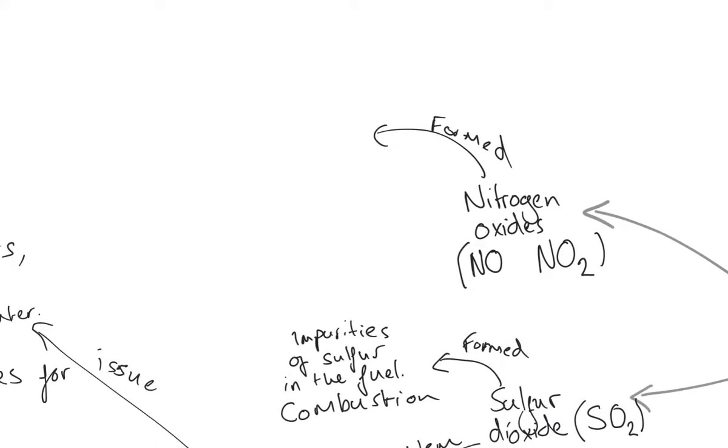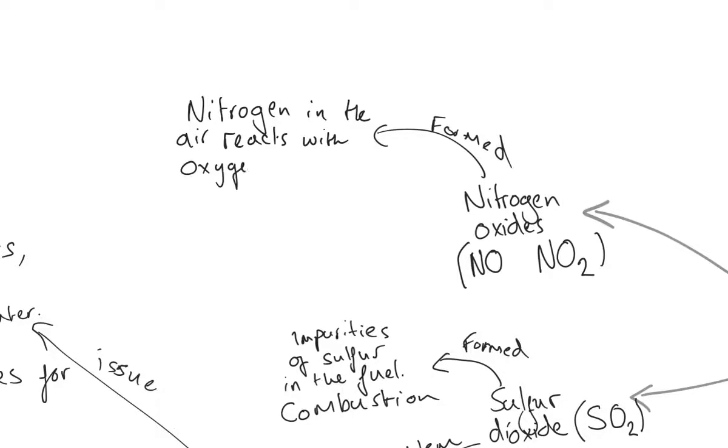So nitrogen in the air is able to react with oxygen, because nitrogen is very unreactive generally, but reacts with oxygen at high temperatures, and particularly very high temperatures when we're burning fuels.